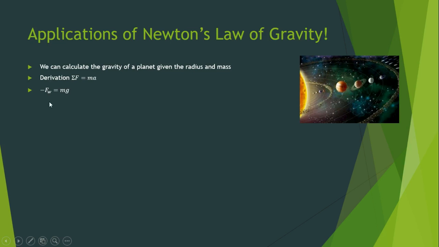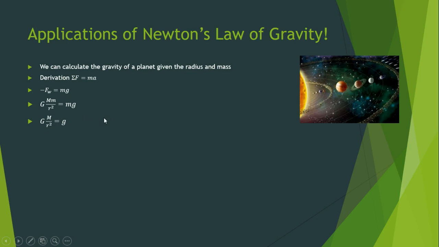So think about this: instead of weight just being mg, substitute in Newton's law of gravity. So big G m times m over r squared equals mass times gravity. All we do is cancel out these two little m's here, and therefore you get g equals GM over r squared.